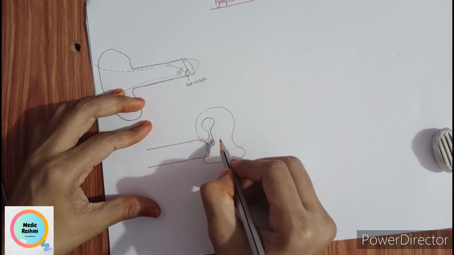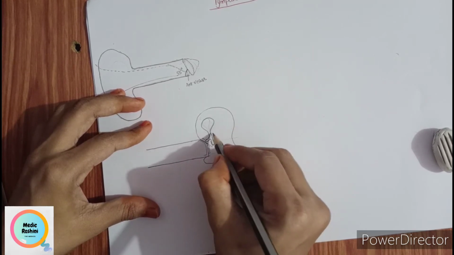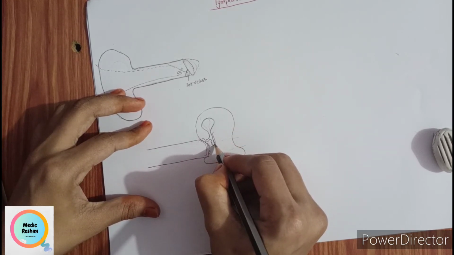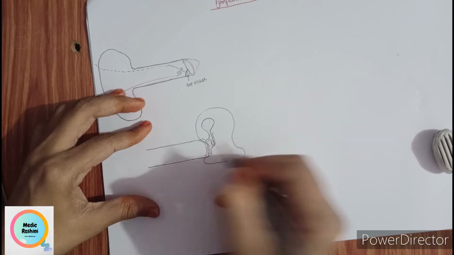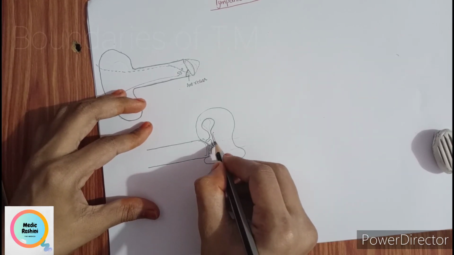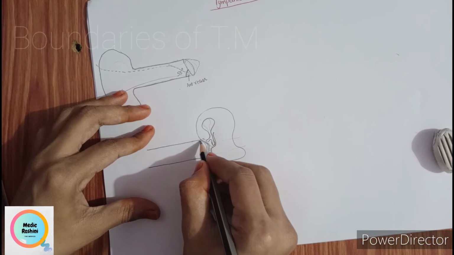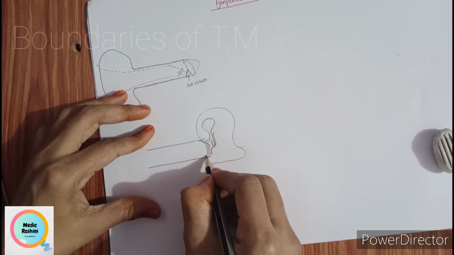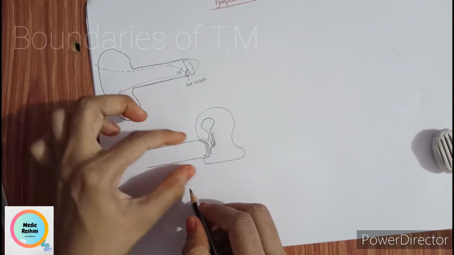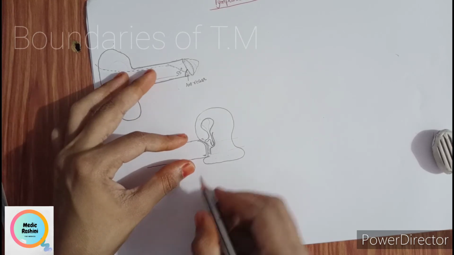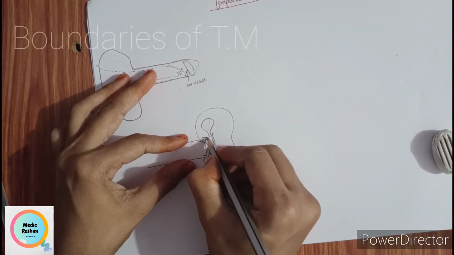Medially we have the epithelium of the middle ear, and laterally we have the skin of the external auditory canal, and here we have the loose connective tissue.